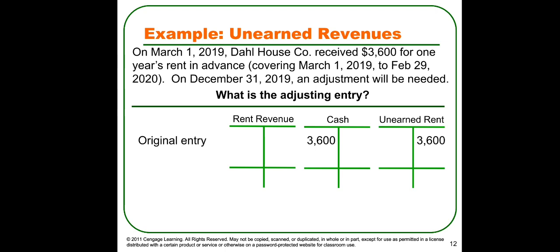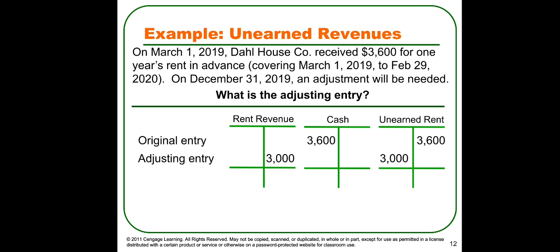So 10 months have passed from March 1st to December 31st. One month revenue is 300, so 10 months of rent revenue is 300 times 10. So $3,000 has become revenue. From the 3,600 unearned rent liability, 3,000 has become revenue because the person has used the building for 10 months.